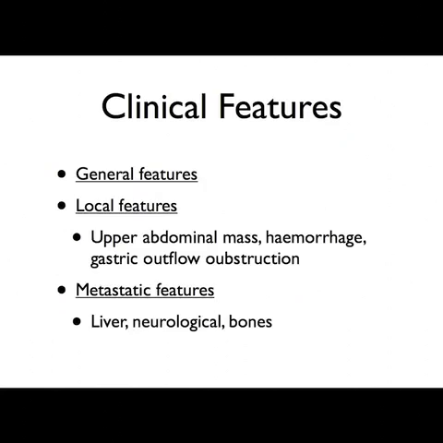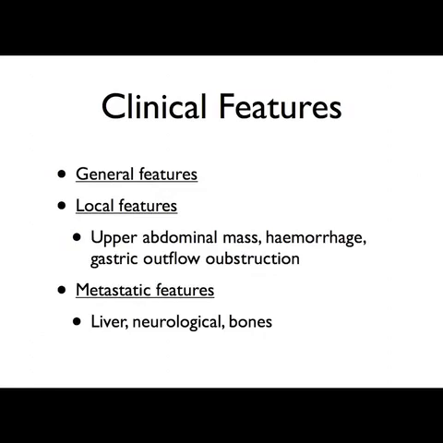Anyway, so clinical features. As always, we can split it up into generalised features, such as malaise, weight loss, anorexia, anaemia. Local features, such as an upper abdominal mass. There may be haemorrhage. If you remember earlier, one of the causes of an upper GI haemorrhage and perforation is a gastric carcinoma, and also gastric outflow obstruction.